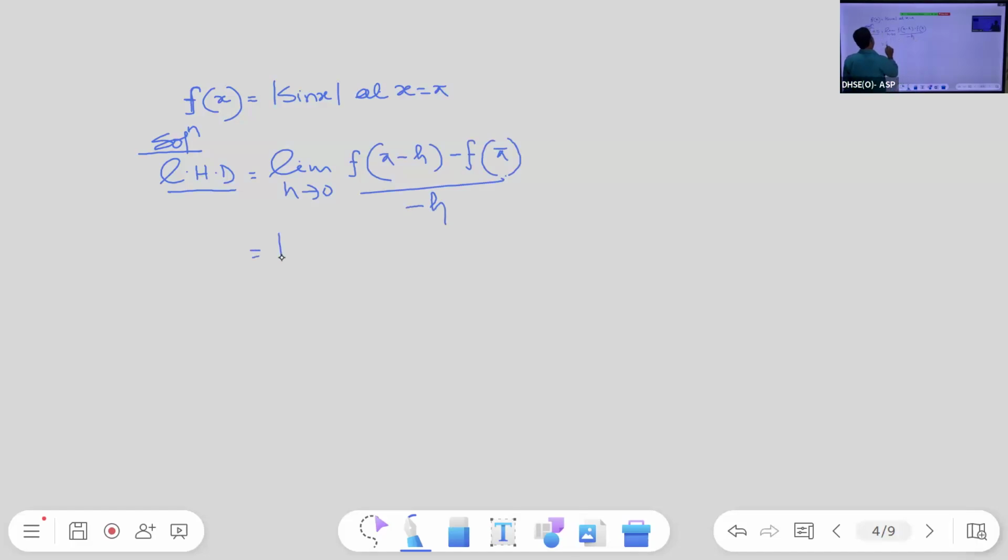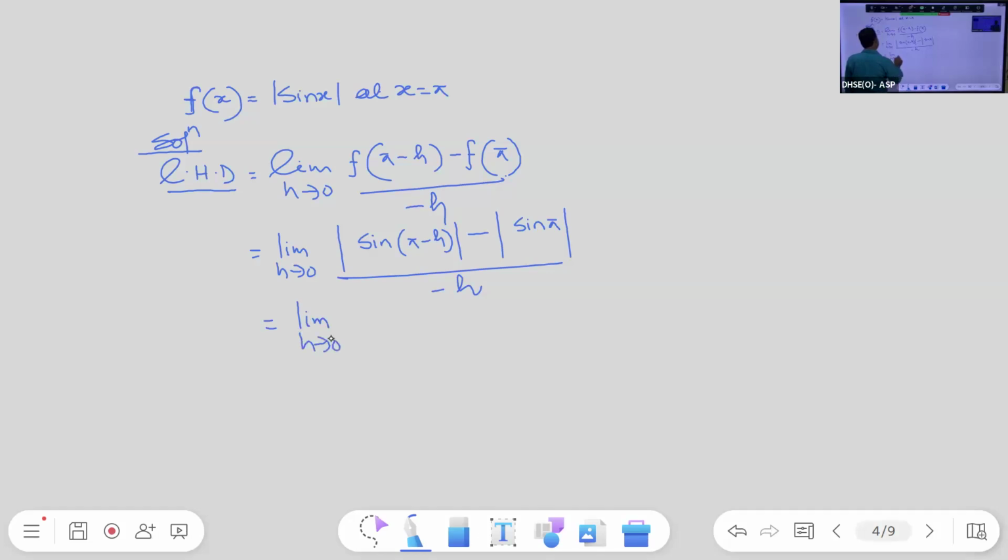This is equal to limit h tending towards 0, mod of sin of pi minus h minus mod of sin pi, upon minus h, right? All of you know sin of pi minus theta is equal to sin theta, and the value of sin pi is 0. So this is equal to limit h tending towards 0, mod of sin h upon minus h, right?